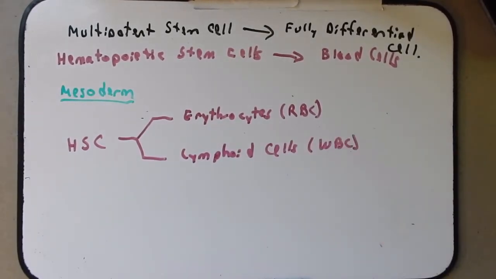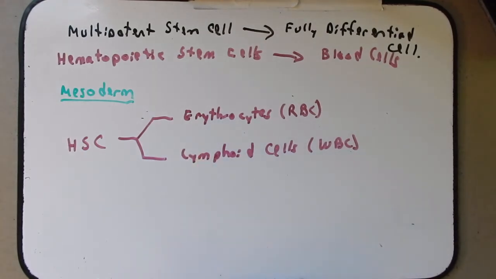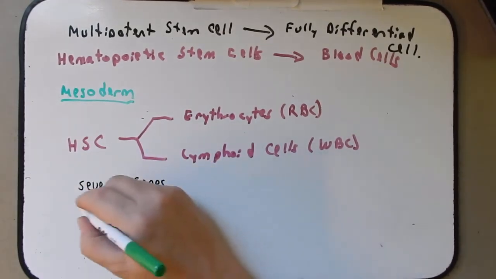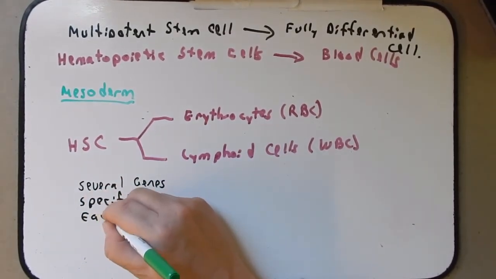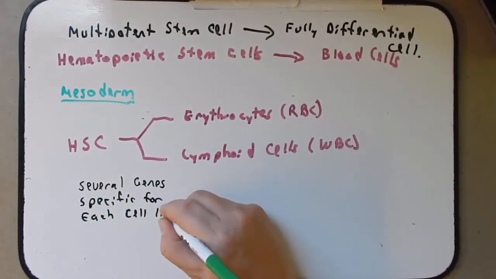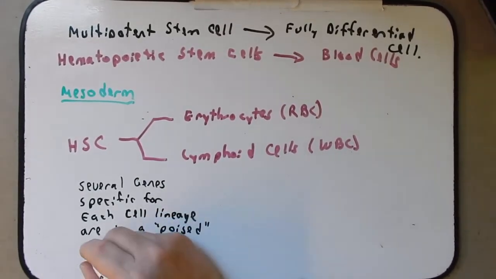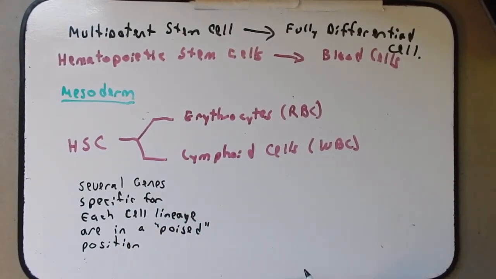Now, within the hematopoietic stem cells, it's important to remember they can get converted into several different cell lineages. And to help achieve that, several genes specific for each cell lineage are in a poised position, meaning that they are ready to be turned on once they get that final signal.